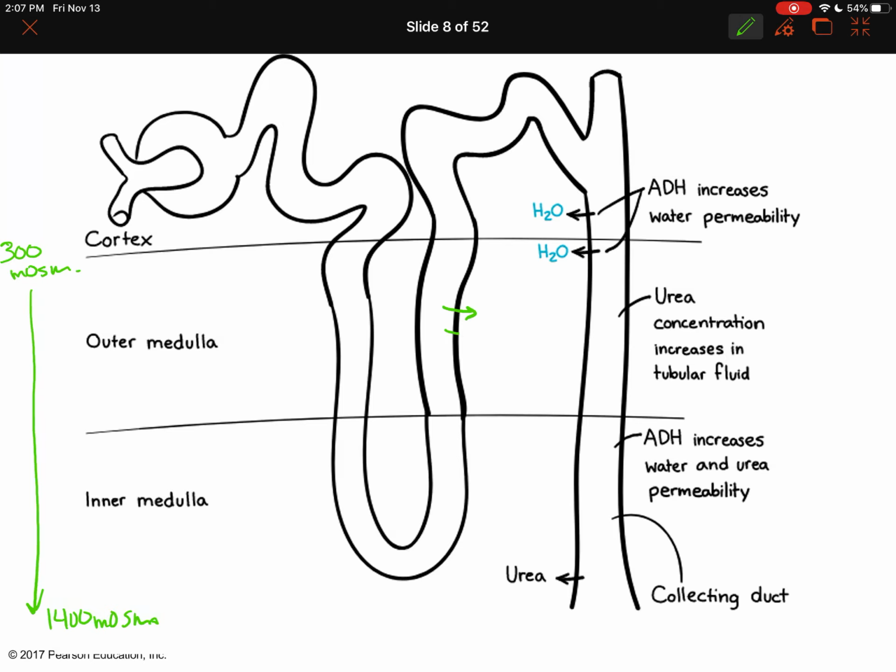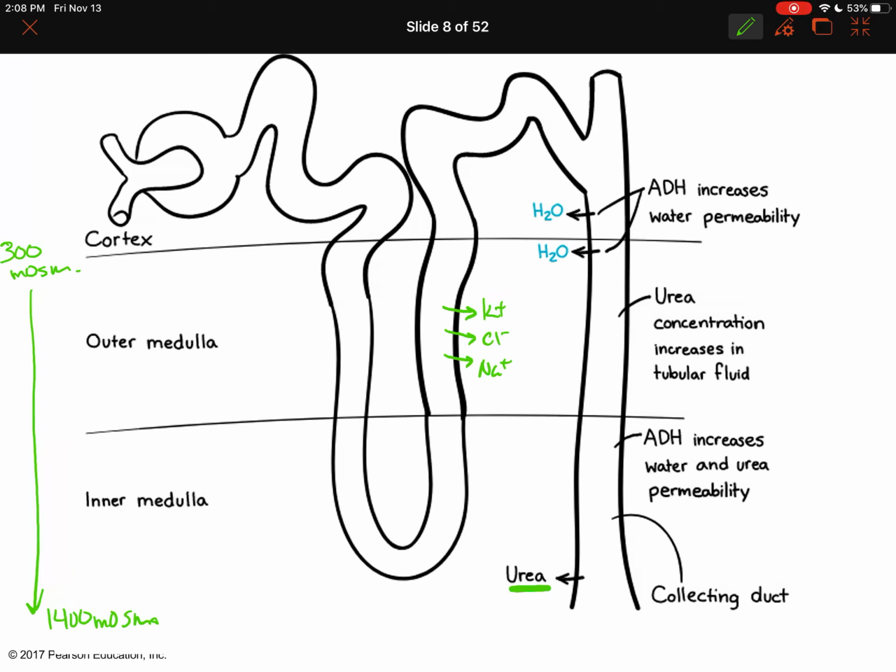It's going to actively pump out 3 different kinds of ions: potassium, chloride, and sodium. So they're pumped out. And this is going to create that salty gradient along with another solute, which is urea. You can see urea is actually coming out from the collecting duct here, and we'll get to that in a second. But this is going to create that concentration gradient.